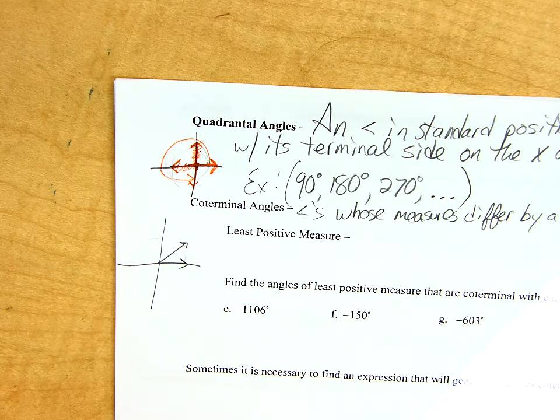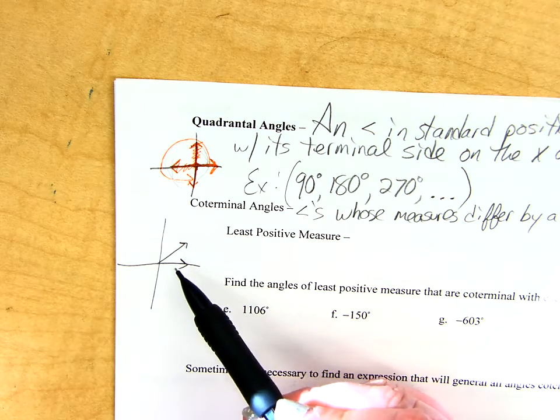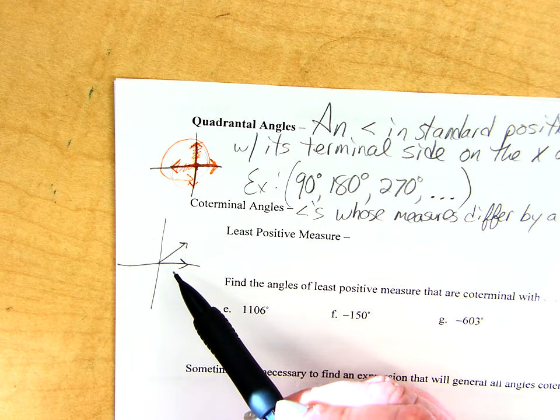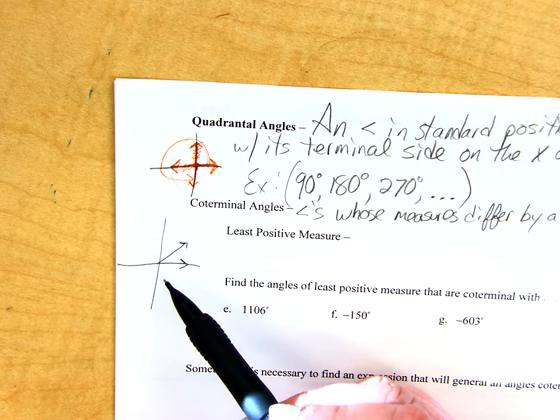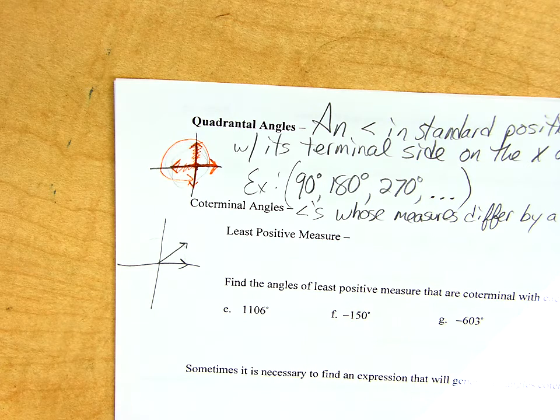Well, if I did one full circle, 760 degrees minus 360, that gets me down to 400. If I did another full circle, that gets me down to 40. So guess what? That is not just a 40-degree angle. It's also a 400-degree angle, and a 760-degree angle. They're all the same. Do you see that? So that's what we refer to as coterminal angles.